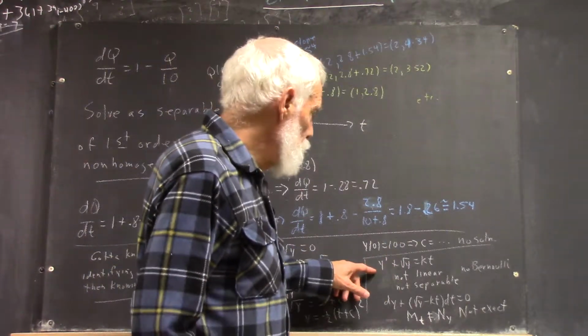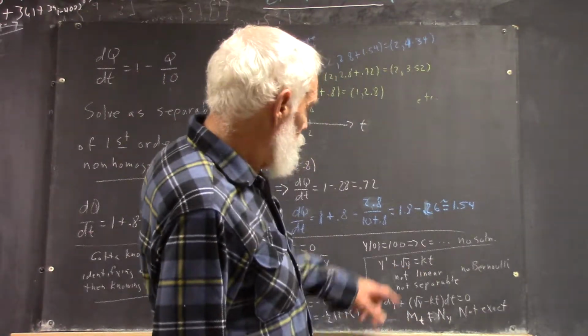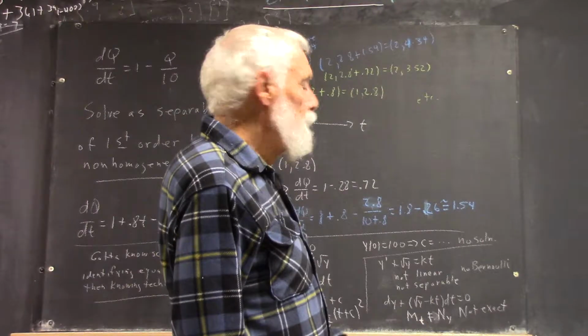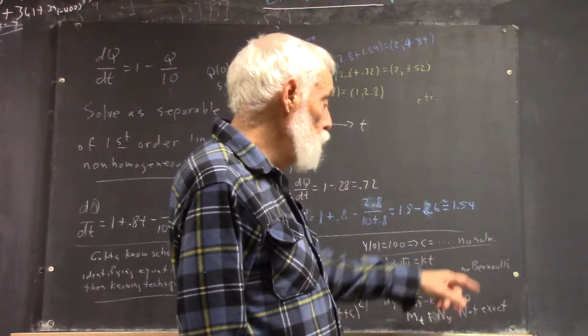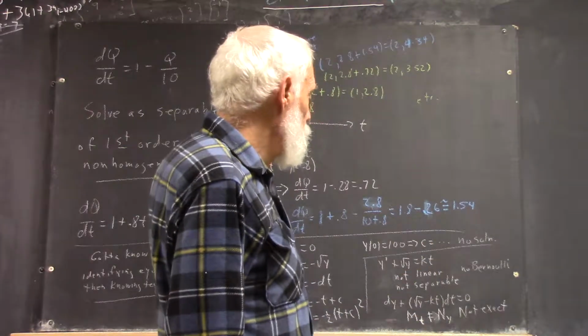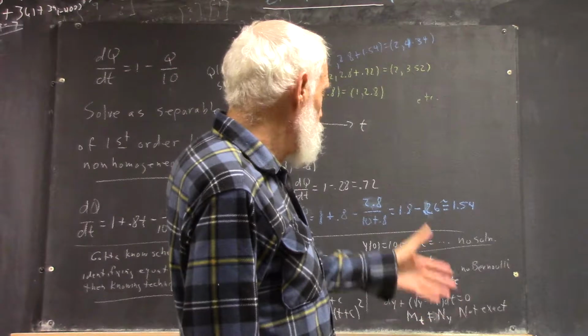Now we had the equation y prime plus square root of y equals kt. That's not linear because you have a square root of y, so we can't treat it as a linear equation. It's not a Bernoulli equation, it doesn't fit the form of Bernoulli. It's not separable. We can check for exactness.